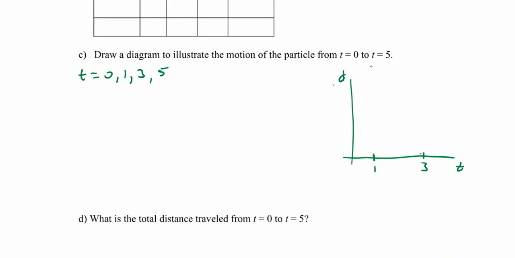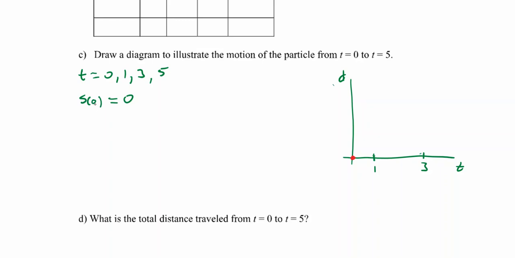That should give us a pretty good picture of what's happening here. If we plug them into the original equation, let's do them in order. s of 0 would be equal to 0, which makes sense. That's our y-intercept. So we have a point right here.